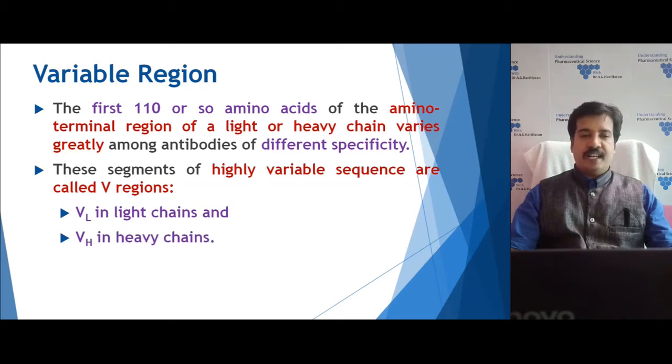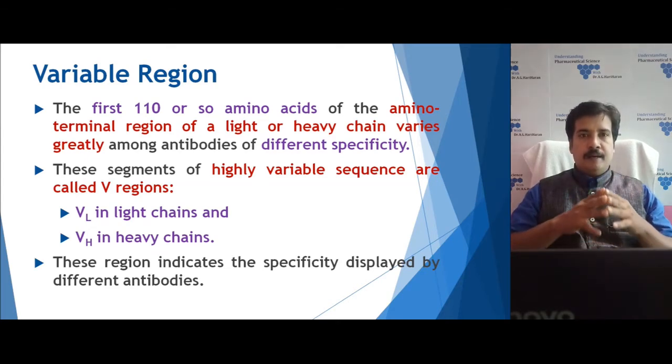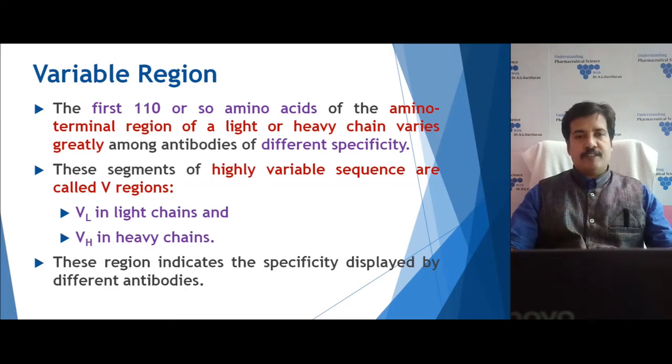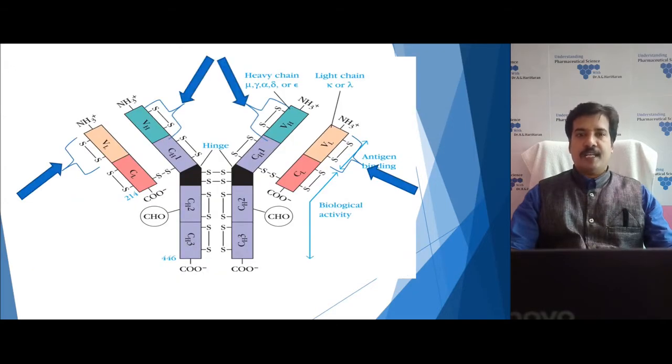If it is present in the heavy chain, we recognize it as VH, the variable heavy chain region. These regions bind very specifically with the antigen. Their display on the antibodies is important for the successful elimination of antigen in humoral immunity. As you can see from the figure, the light chain variable region and the heavy chain variable region are present at the amino terminus of the antibody.